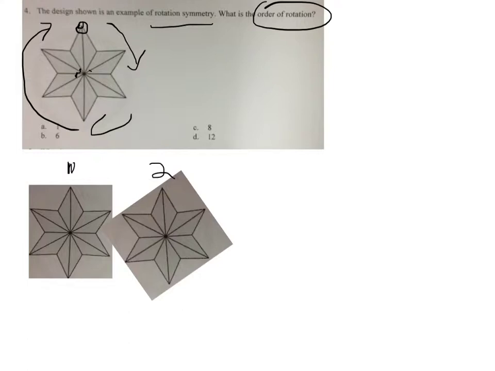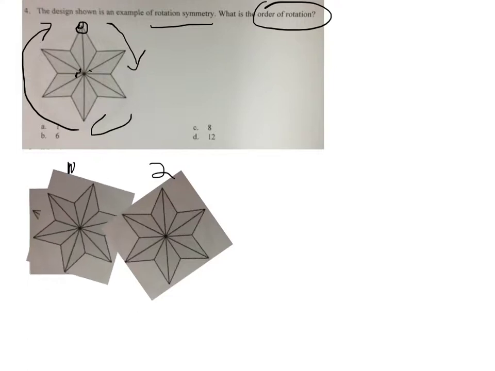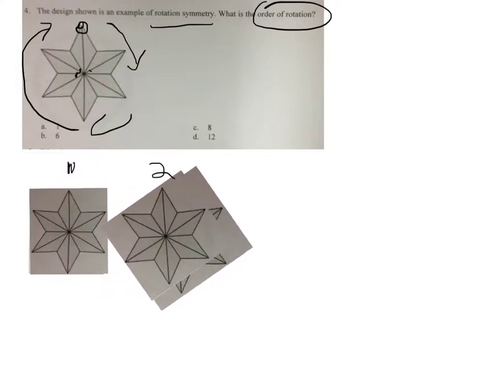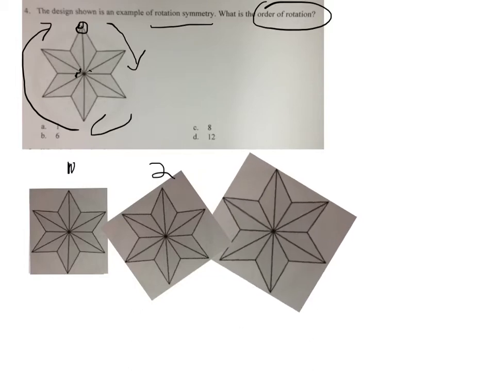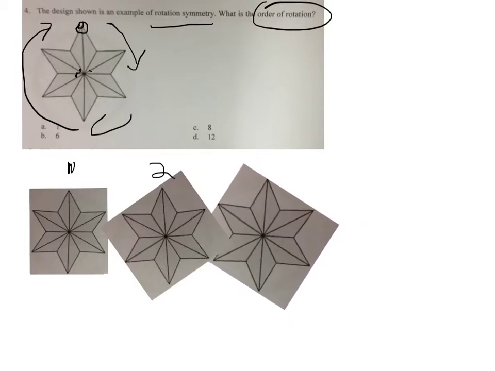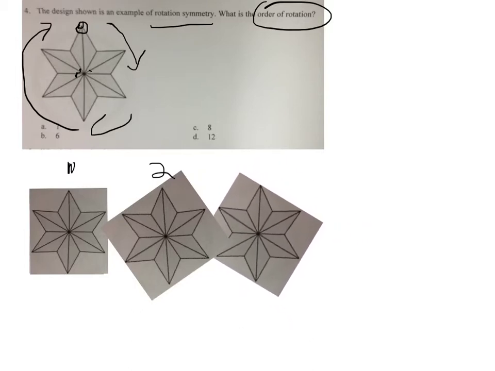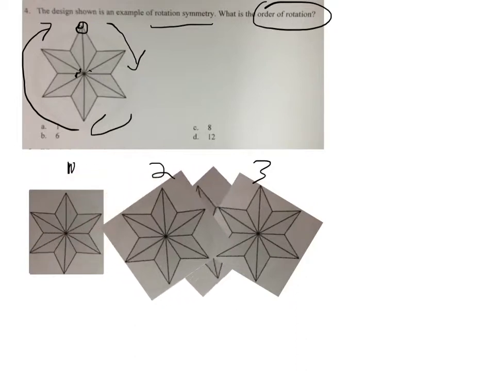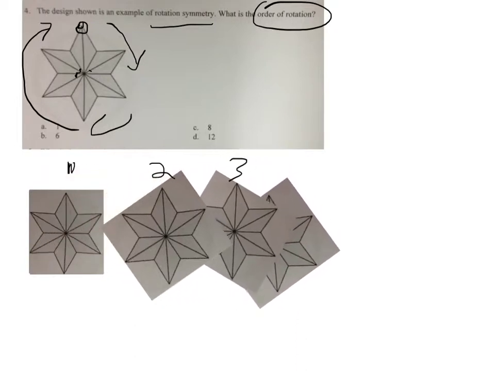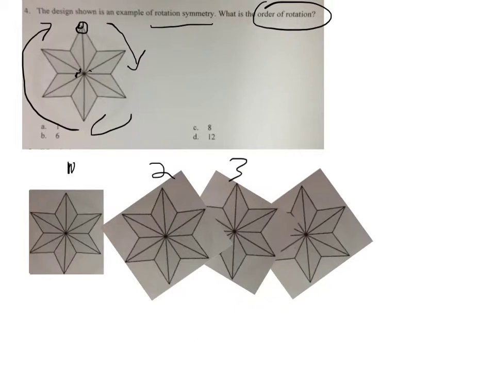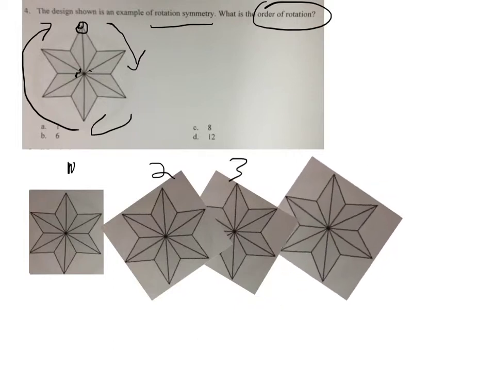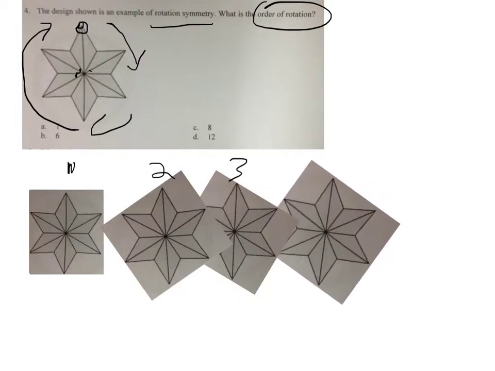Now I'm going to rotate it for the second time and then rotate it again, and now I've rotated it 3 times. Go back to this, there's 1, 2, 3, and there would be 4. So I've done it 4 times.